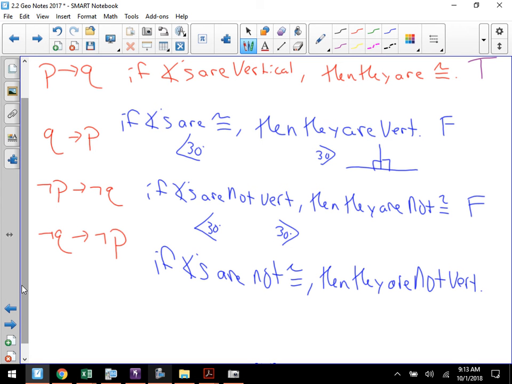Right. If they're not congruent, then they're not going to be vertical. That's true because you can have angles that are not congruent. Correct. Because if they are vertical, they have to be congruent. But you can have angles that aren't congruent that aren't also vertical, so they can't be.